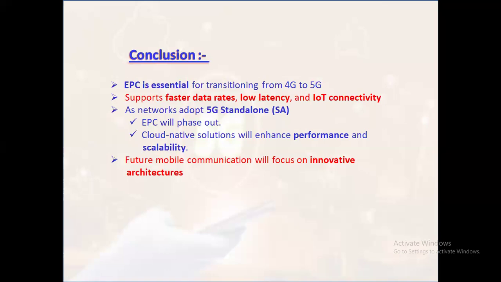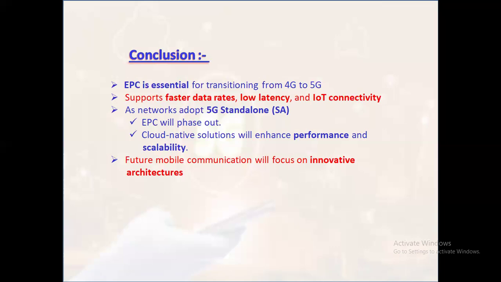Additionally, the low latency capabilities of EPC are essential for real time applications such as autonomous driving and industrial automation. Furthermore, EPC's enhancements facilitate the connectivity of a vast number of Internet of Things devices, enabling seamless communication across a diverse range of smart technologies.